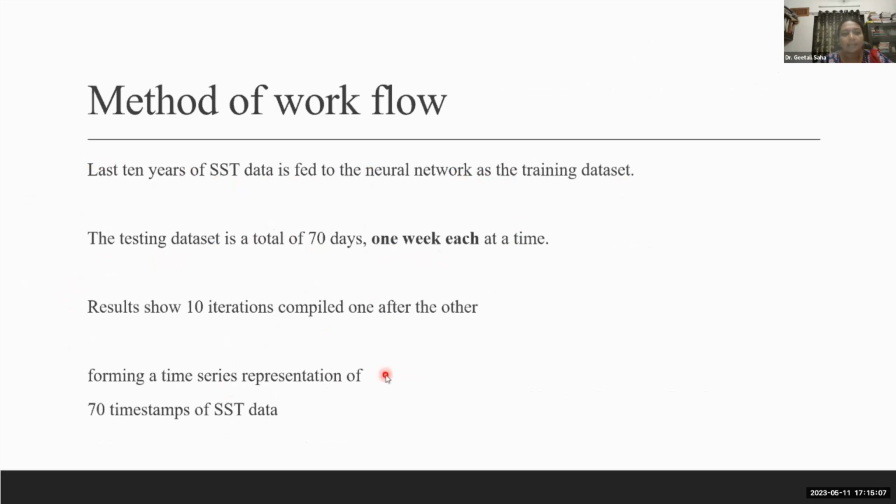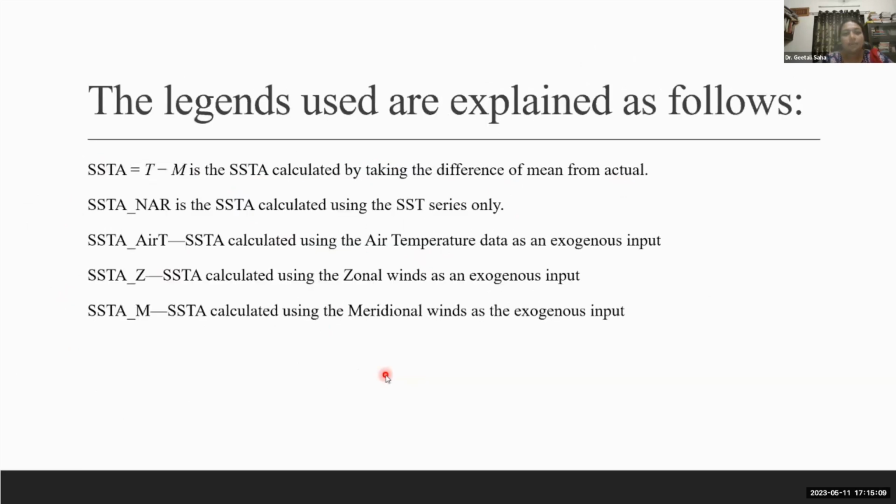So I've been using a certain number of legends where SSTA stands for the calculated anomaly by taking the difference of the mean from the actual. That is simple mathematical SSTA. Then we have SSTA NAR, that is SSTA calculated using the SST series only.